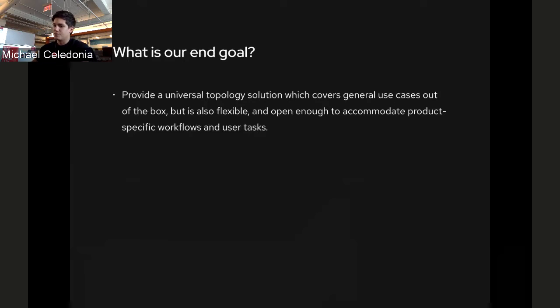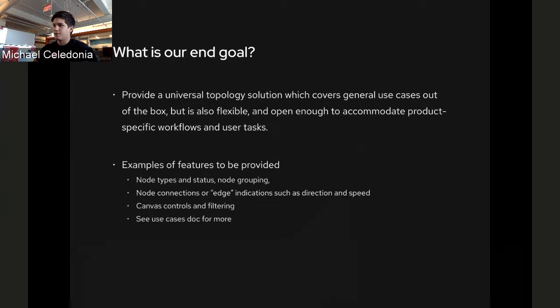Examples of features that we'll provide are things like various node types and statuses, node grouping with expand and collapse, node connections, or what they call edges, types and indications like direction and speed, canvas controls, etc. We have a use cases spreadsheet that you can check out for a better idea of all the things we want to include.